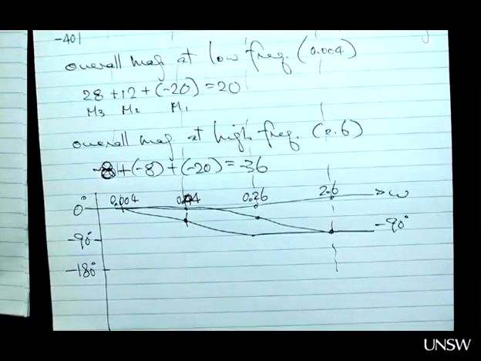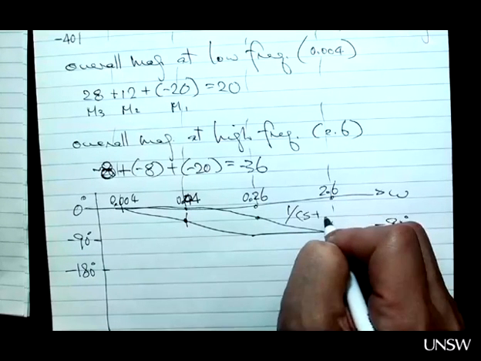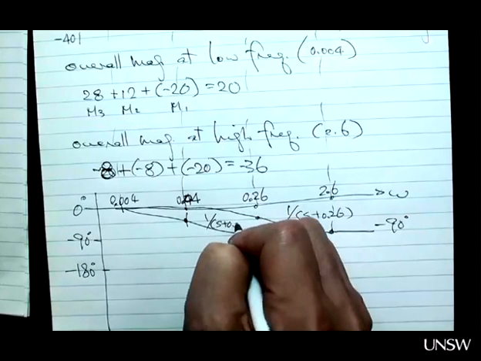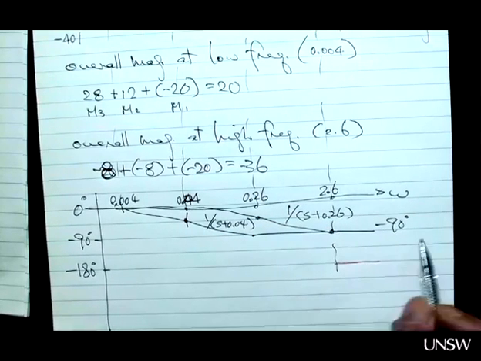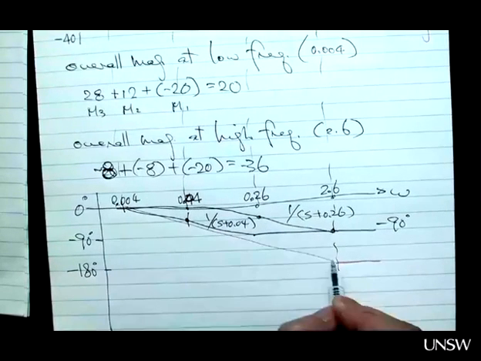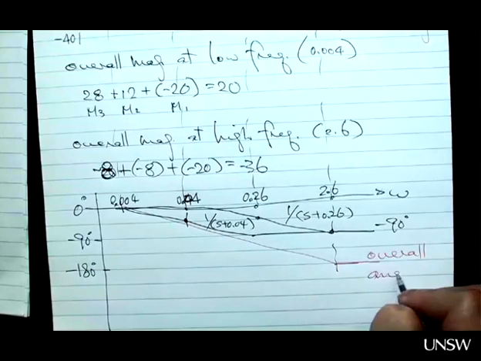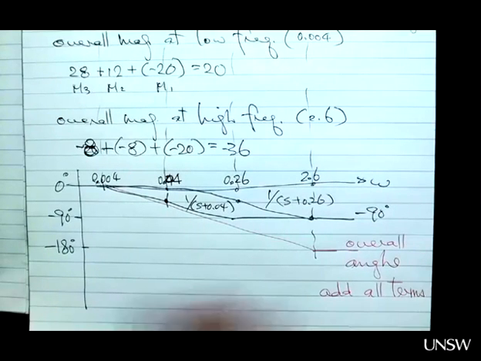So this one is for 1 over s plus 0.26, and then this one is for 1 over s plus 0.04. And then overall, we add the terms together. So we have our Bode plot.